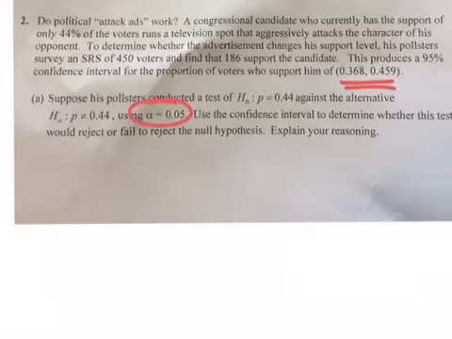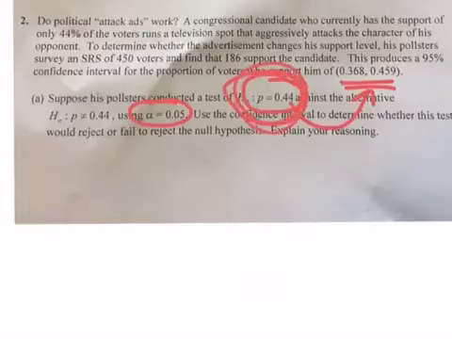And it turns out that this 0.44 is contained within that confidence interval. So if that's the case, we cannot reject the null hypothesis. Okay, so it's pretty straightforward. If our parameter is contained inside this interval, we cannot reject the null hypothesis. And that seems to make sense because we're 95% sure of that.